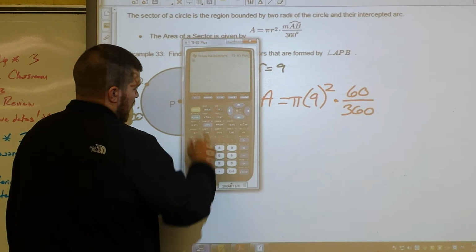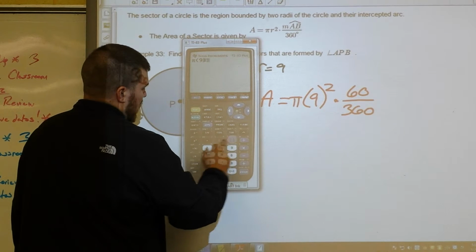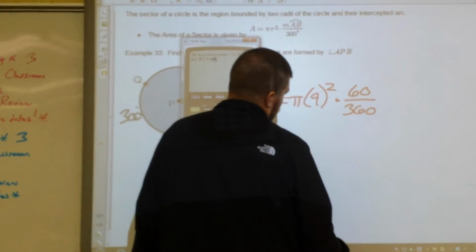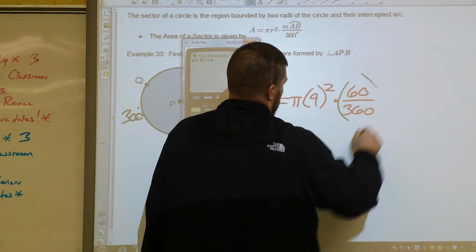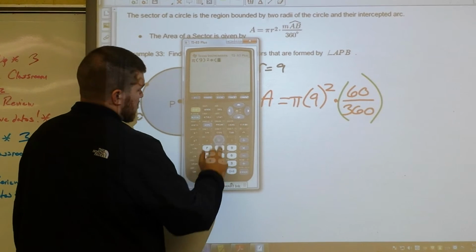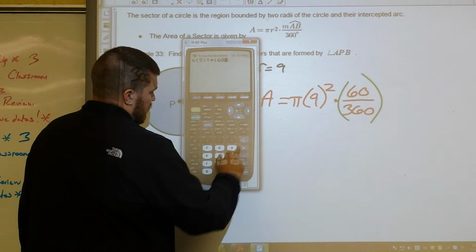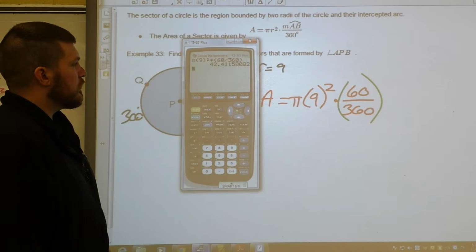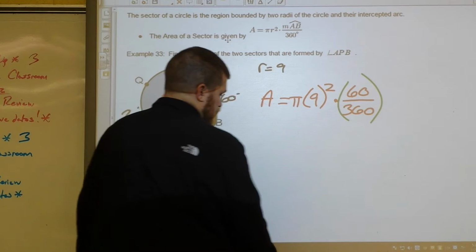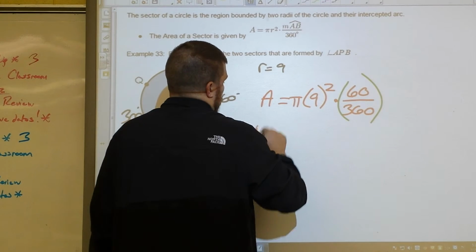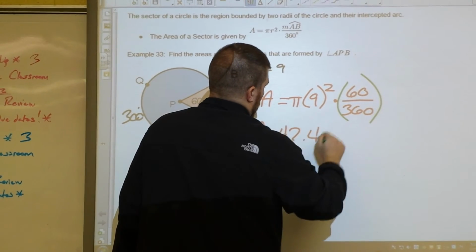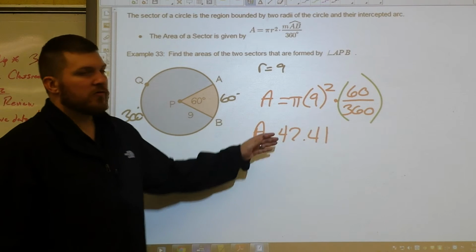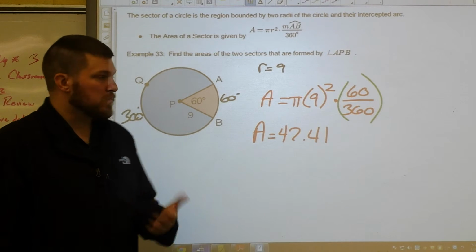So in my calculator I have pi, parentheses 9, parentheses squared, times. Now this fraction does need to be put in parentheses. So times parentheses 60 divided by 360. And I get 42.41 if I round. Okay, so this is an approximation. So that tells me that this piece of pie is approximately 42.41 units big.